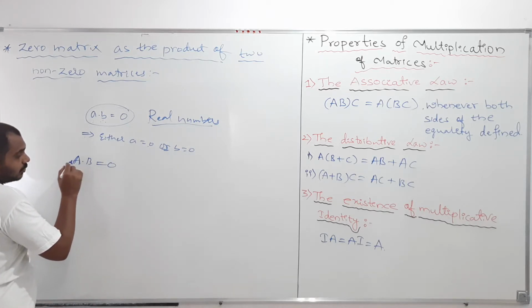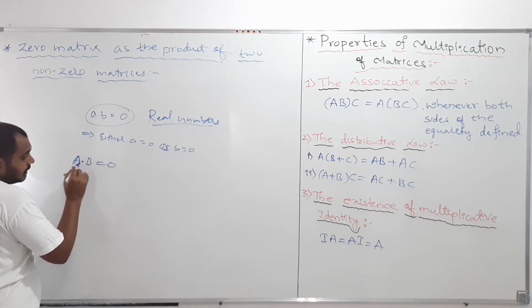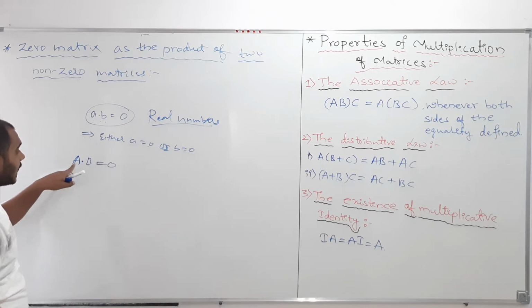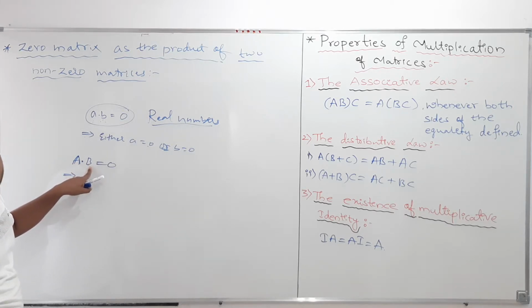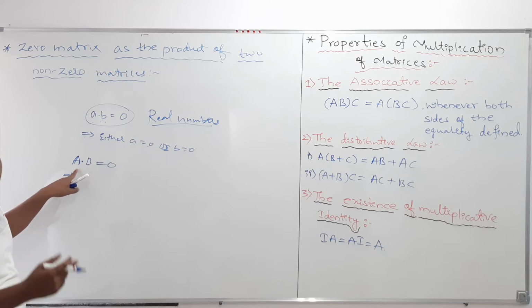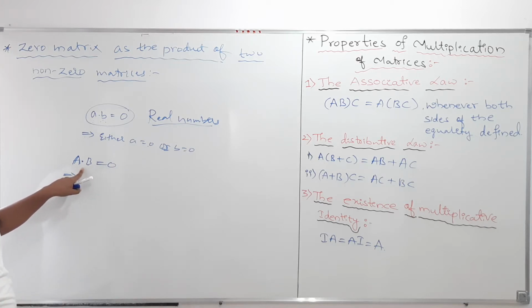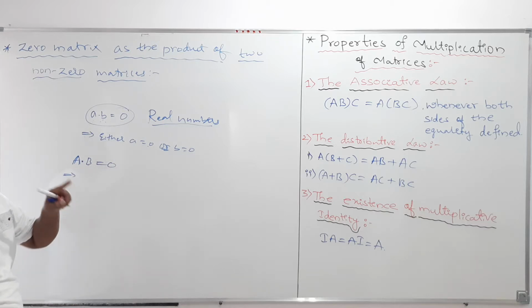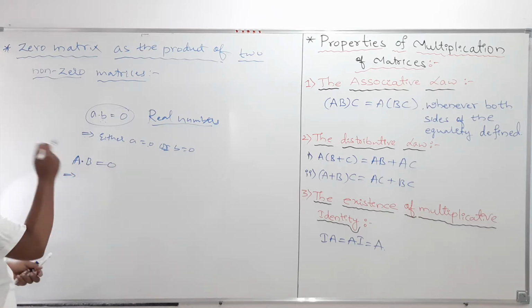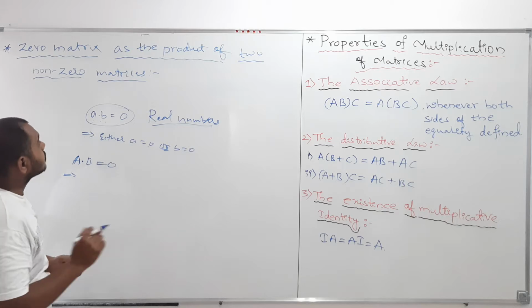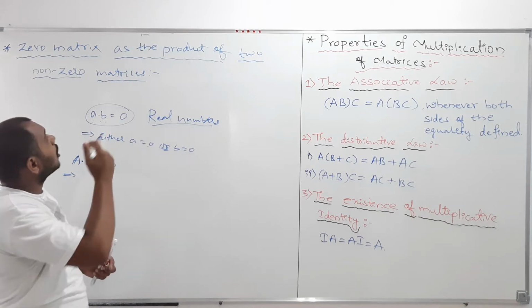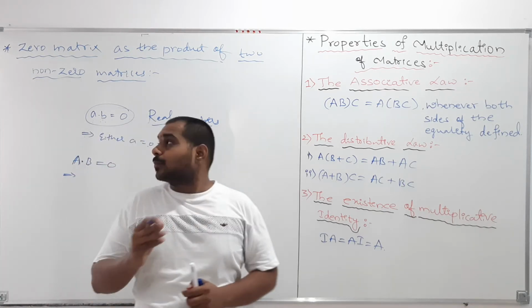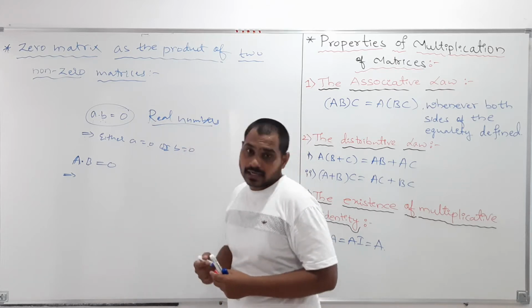If the product of any two matrices is given to you, it is not necessary that either A or B must be 0. If I take matrices other than the zero matrix, then also their product can be equal to the zero matrix. So this is the property we are taking. So now we discuss zero matrix as the product of two non-zero matrices.